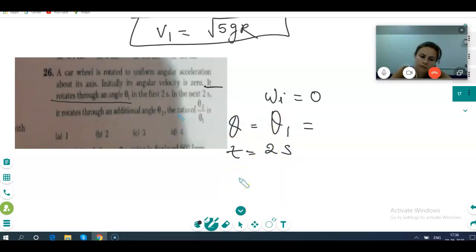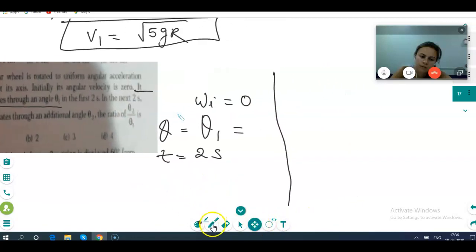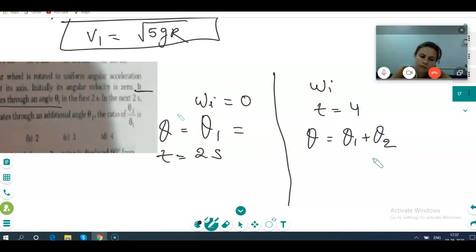And then in the next 2 seconds, it rotates through the additional angle theta 2. So in the next case, what will be there? Time is equal to 4 seconds, correct? 2 seconds plus 2 seconds, and theta is equal to theta 1 plus theta 2. Why is it theta 1 plus theta 2?